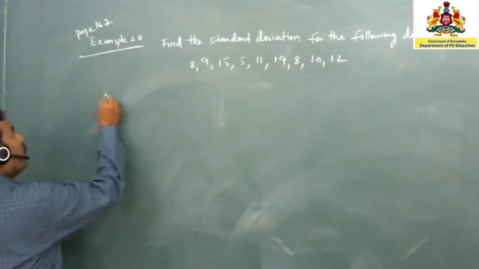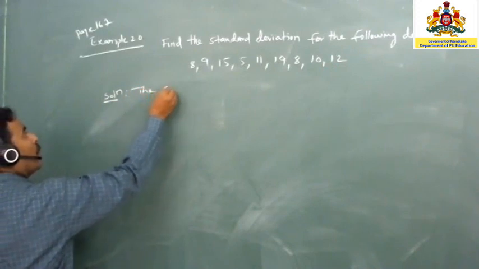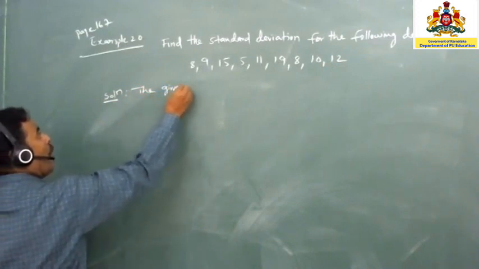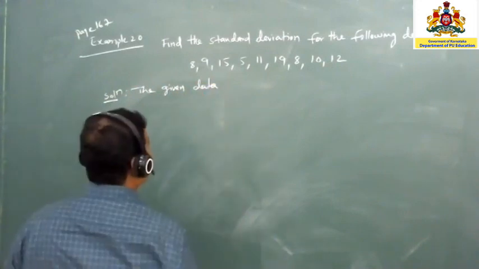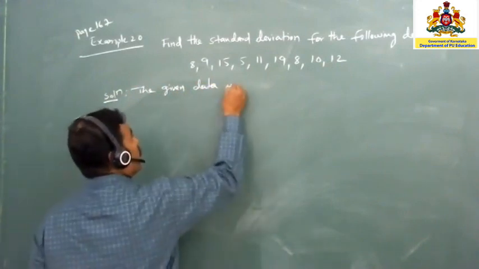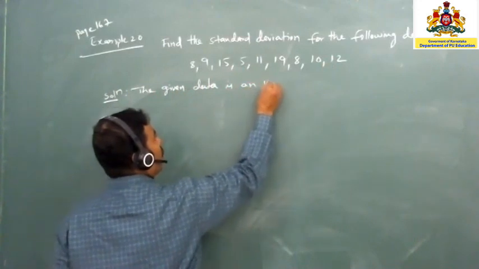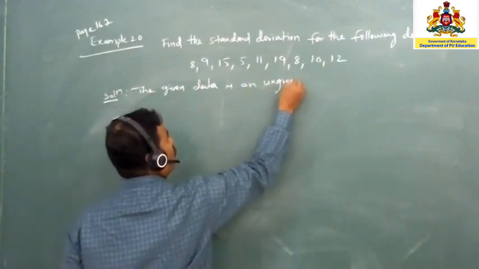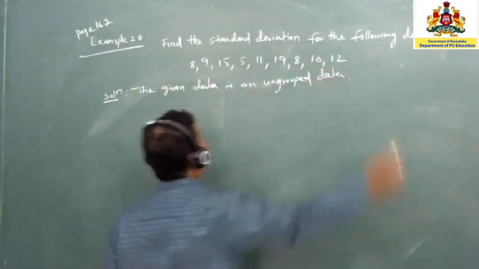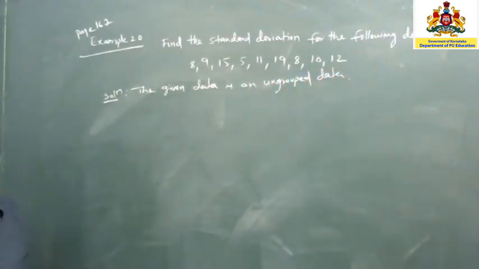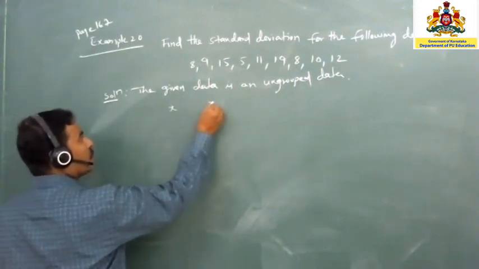Solution: the given data is an ungrouped data. If it is ungrouped data, we need the totals of x and x square.